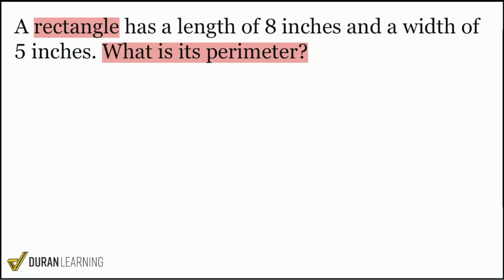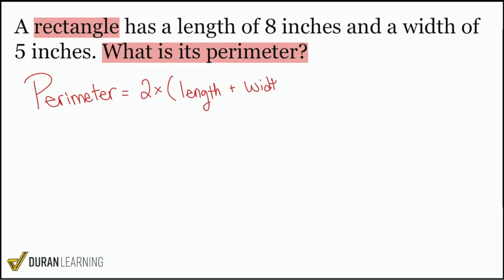Yeah, so the perimeter for a rectangle, let me go ahead and write this down for us. Again, there's 2 different formulas for it, but they're both the same thing. There is the 2 times the length plus width. That's one formula. Or you can use the other one, which is my personal favorite. It's going to be perimeter equals double the length plus double the width.